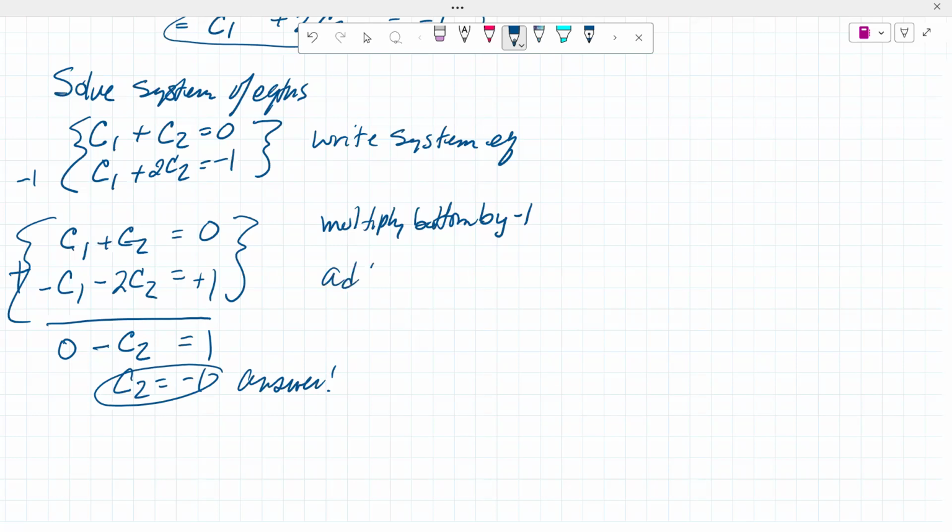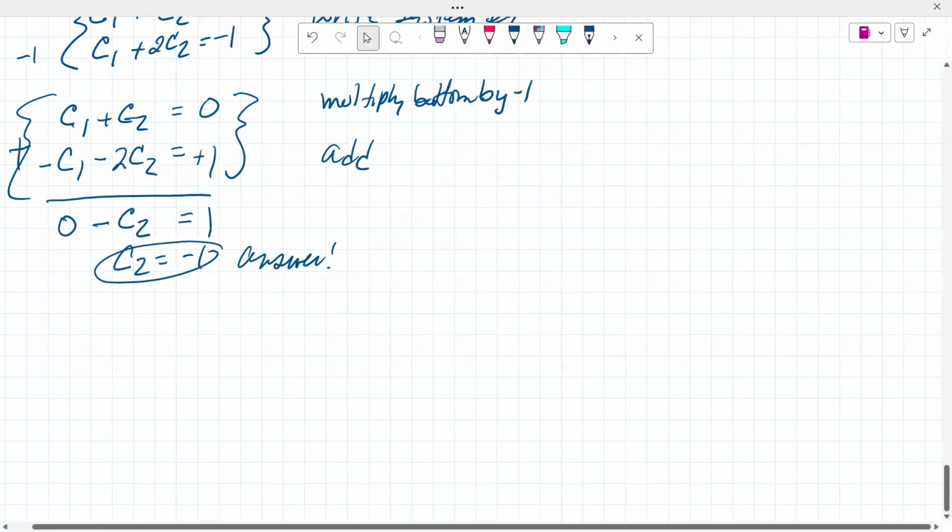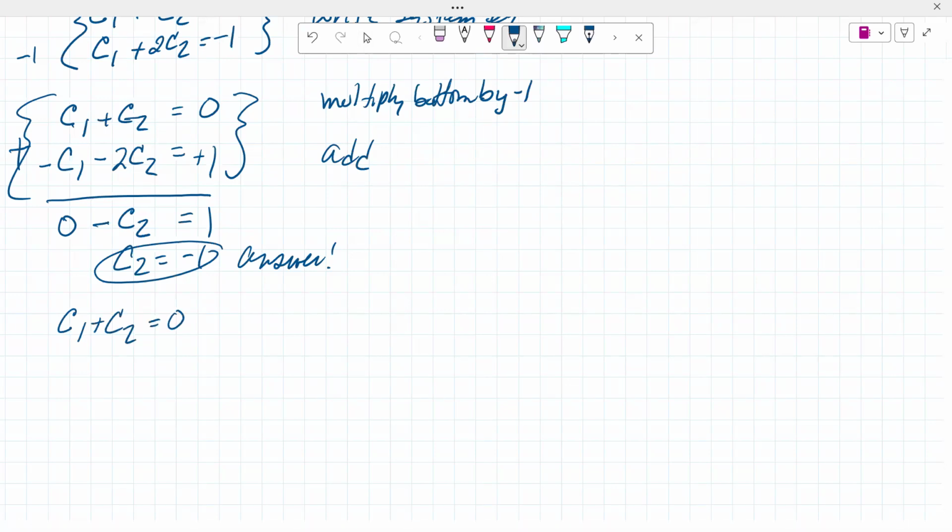Now we can substitute back in. Then we go back to the first equation. C1 plus C2 equals 0. Now substitute in. Select one from the system. So C1 plus, what's the value of C2?